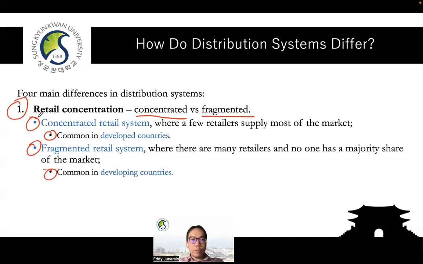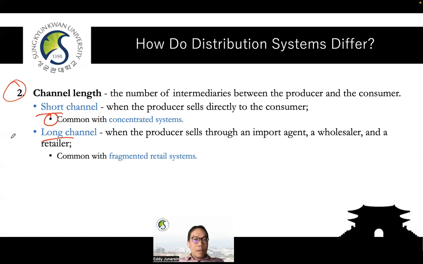The concentrated is more common in developed countries. Long channel means the distance between producer and the customers is longer, and this is more common in the fragmented retail system, usually in developing countries.